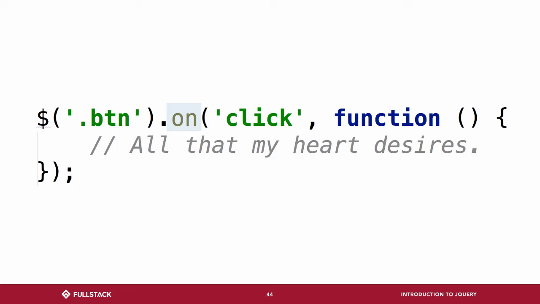So on is actually a jQuery method, okay? The way to think about this is that a lot of these jQuery methods are chained methods, right? So you get your wrapped set, okay? Could be a wrapped set of 0, could be a wrapped set of 1, a wrapped set of however many elements you have on the page with a class of btn, and here you're attaching your event handler to them.